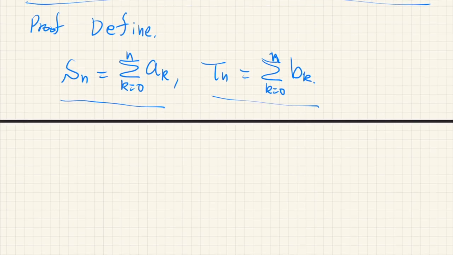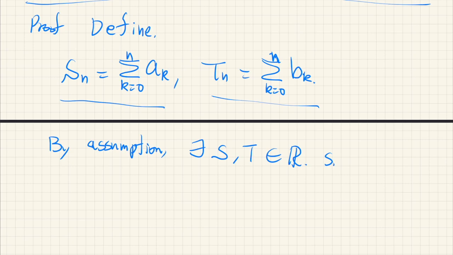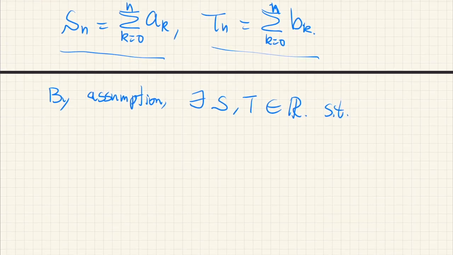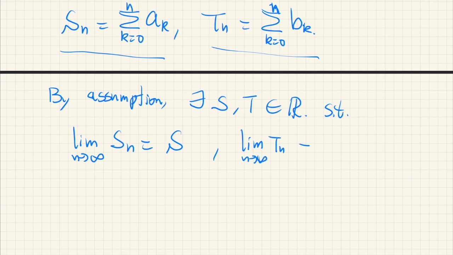So there exist some real numbers, let's say S and T, such that the limit of Sn is equal to S, and the limit of Tn is equal to T.